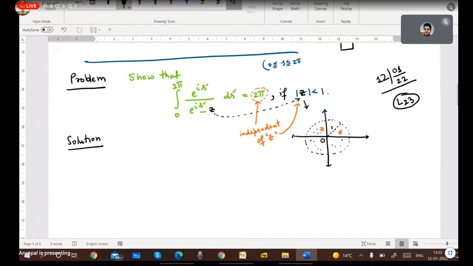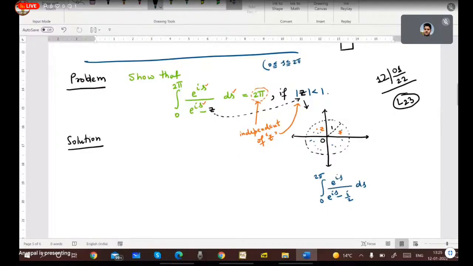Yes, okay, sir. So basically, why I have highlighted this, because it may so happen that in the exam somebody may ask you a problem like this. So what will be the value of this integral?